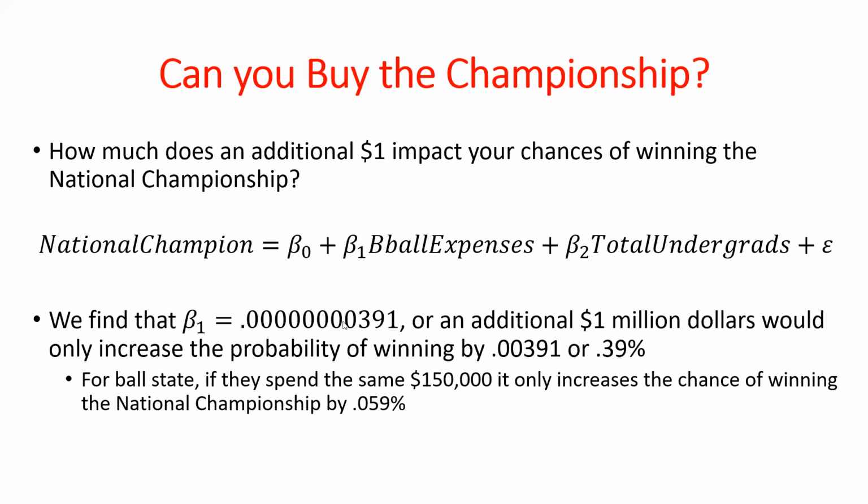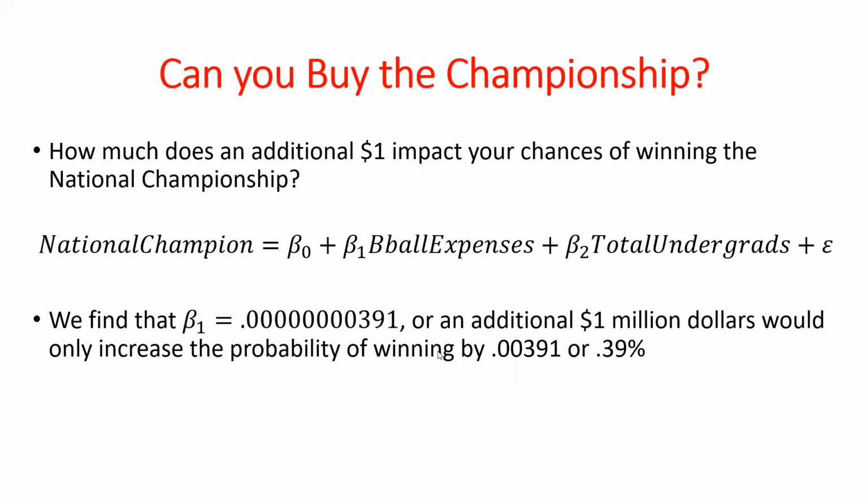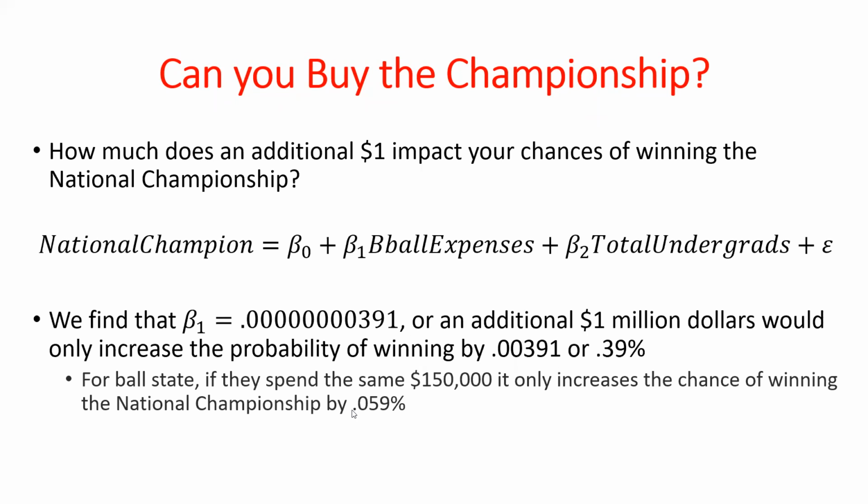I think there's actually another 0 in there. So now if I spend an additional $1 million, I'm only increasing my chances of winning that national championship by 0.39%, right? And a $1 million increase would be very large for a school like Ball State. So if Ball State increased it by 150,000, they're only going to increase their chances by 0.059, which is so low that essentially you're wasting $150,000 probably.